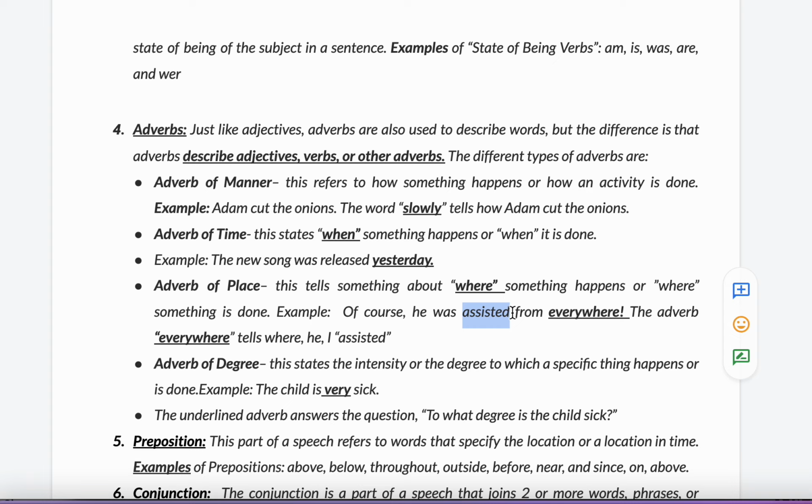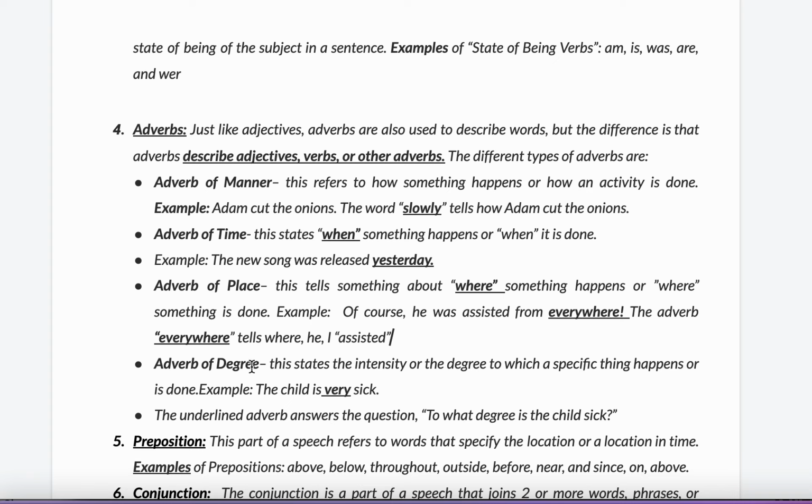But honestly, if you ask them, okay, what's the meaning of adverb of place? I guarantee most of them don't know. They have no idea. And if you ask them, okay, what's the WH question? They don't know. It doesn't matter if they're in a university, or if they're in high school level, whatever. So it's not easy. It's the most complicated part of this. So let's move on to the next one.